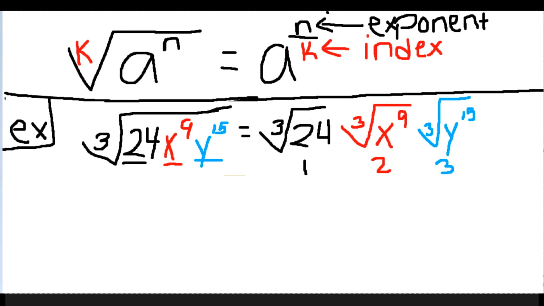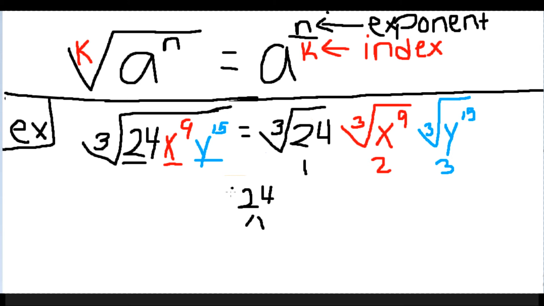So I'm just going to start with my number piece, okay? The cube root of 24. And we know how to deal with this, you guys. When we're taking the cube root of a number, we break it into its prime factorization and pull out anything that I have 3 copies of, right?